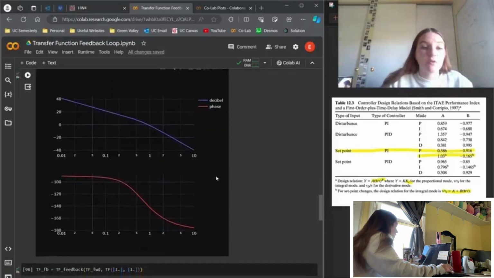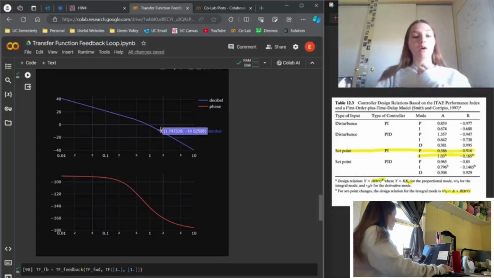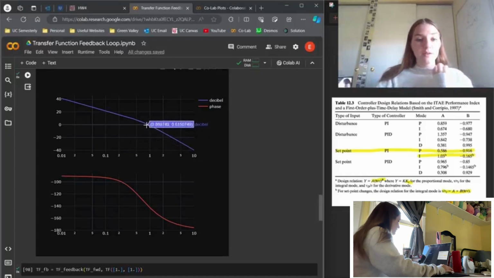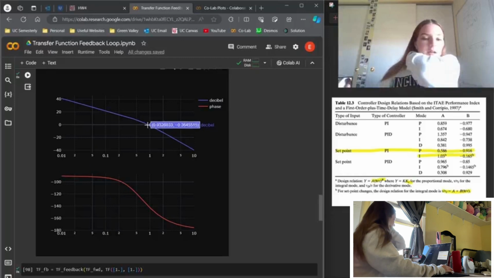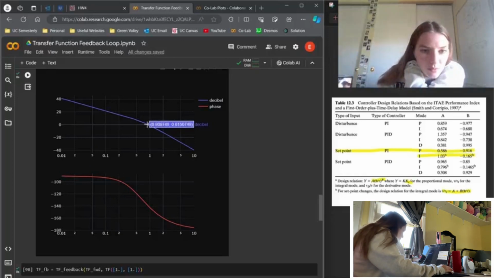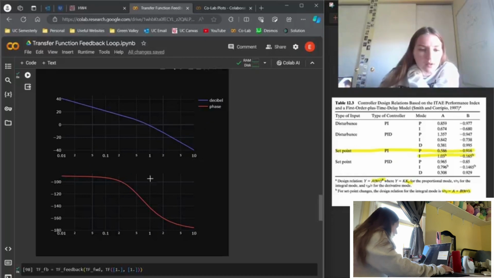And then to find our phase margin, we need to find where our decibel equals 0 on this graph. And we can see that that is around 1 radian per second. Yeah, it's around 1.